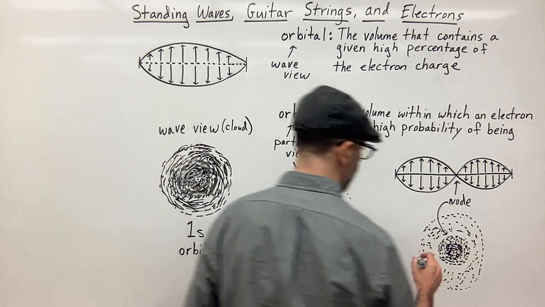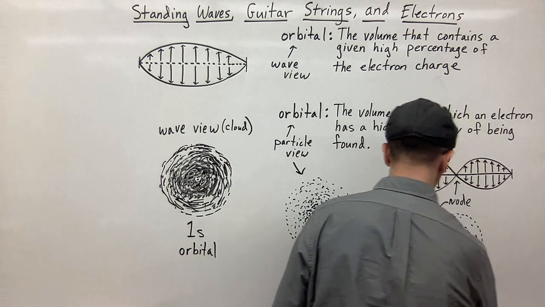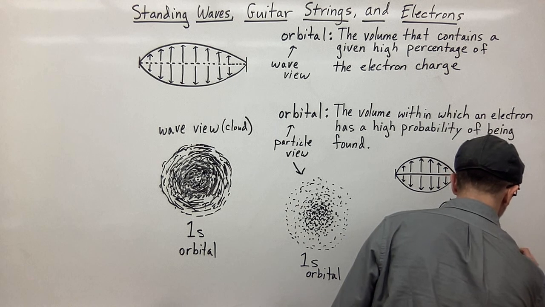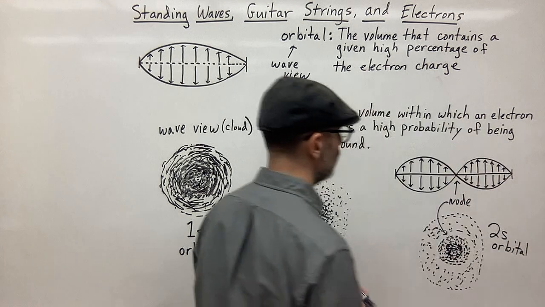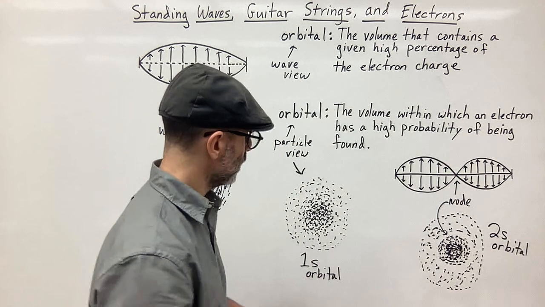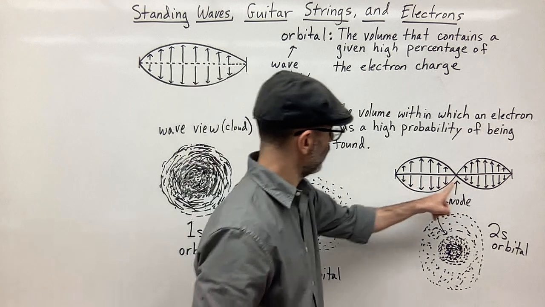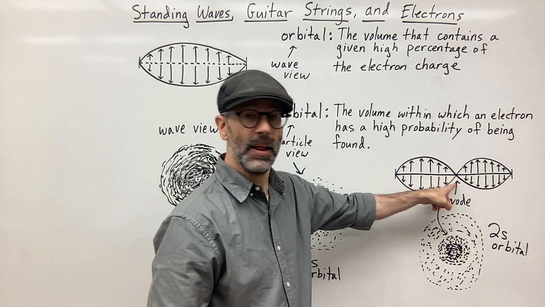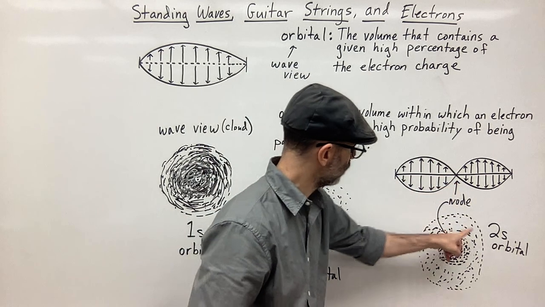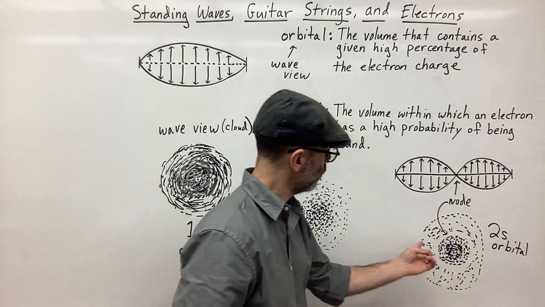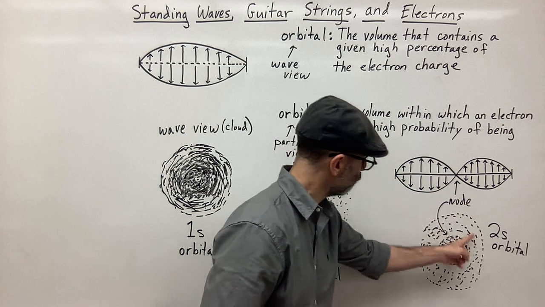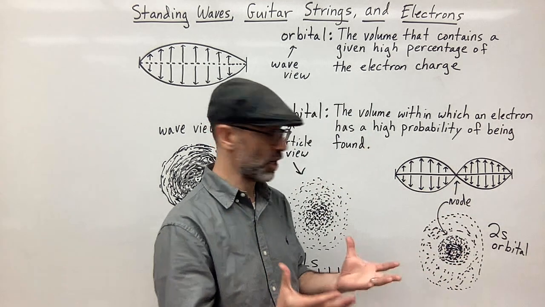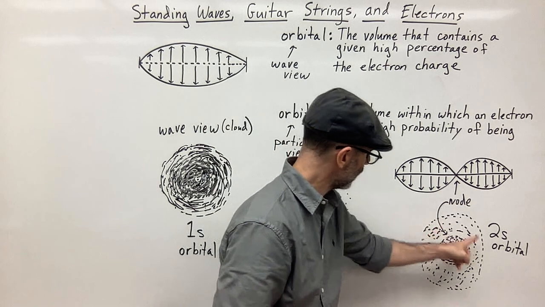So this would be the 2s. That would be the 2s orbital. And so notice here we have a node. This is where the string is not moving at all. And so you would have a node in the 2s as well, where you kind of have a sphere within a sphere, right? So you have a larger sphere within another sphere.